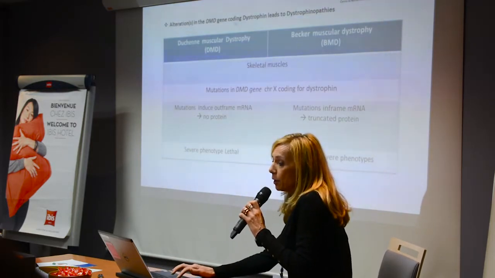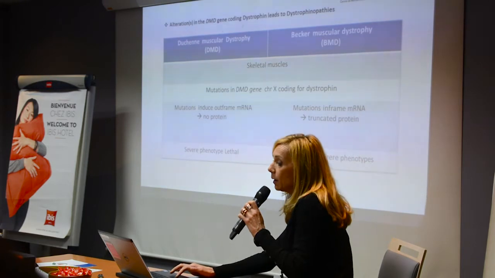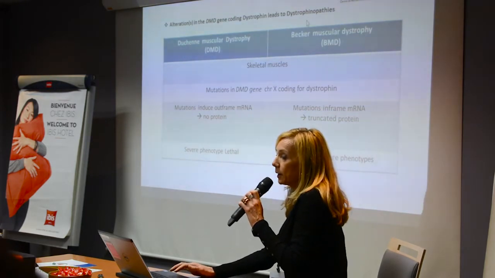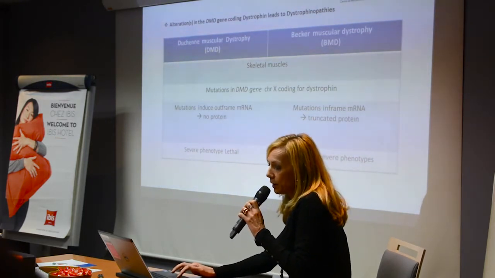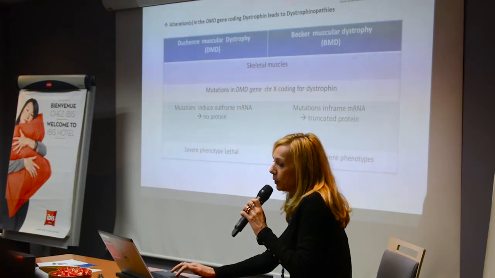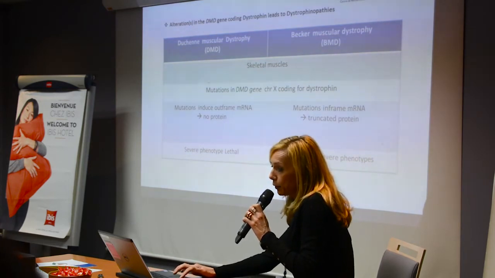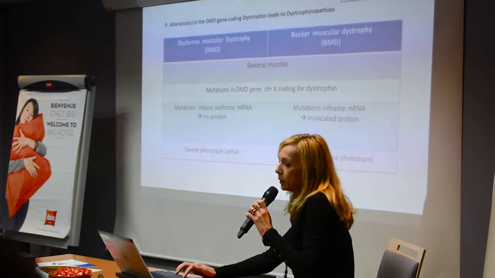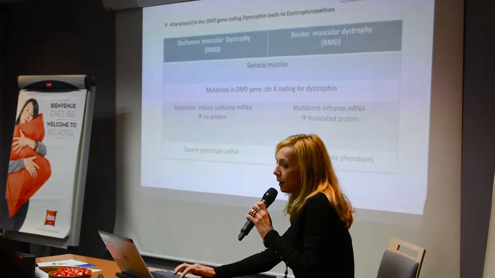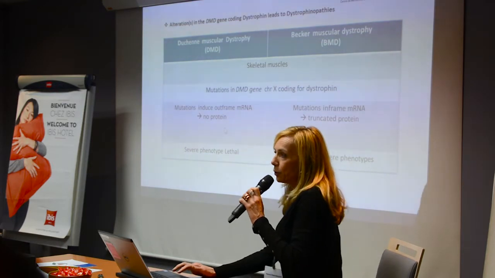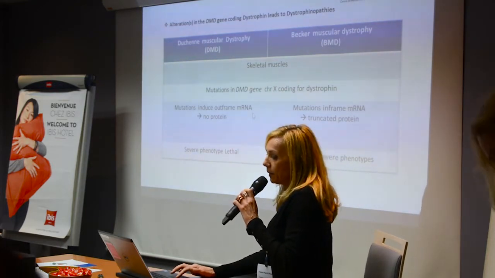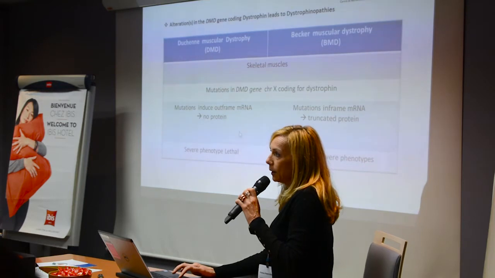So alteration in the DMD gene coding dystrophin leads to dystrophinopathies, the DMD and the Becker muscular dystrophy, BMD. It's a disease affecting skeletal muscles, and for the two dystrophinopathies, it's mutation in the DMD gene, but for the DMD, mutations induce out-of-frame mRNA, meaning that there is no protein expressed.